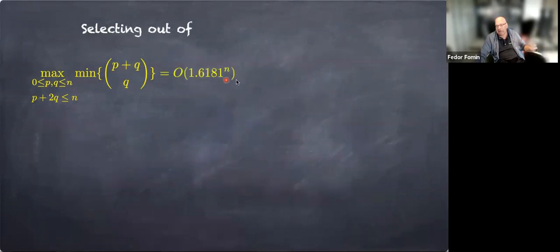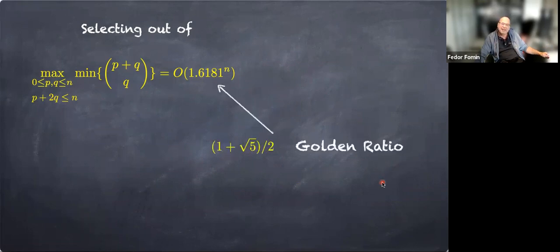And a more precise calculation gives you 1.6181. And actually, maybe just a question, have you ever seen this number? It's not just an arbitrary number. Exactly, yes, Mirza, thank you very much. Yes, this is the golden ratio.